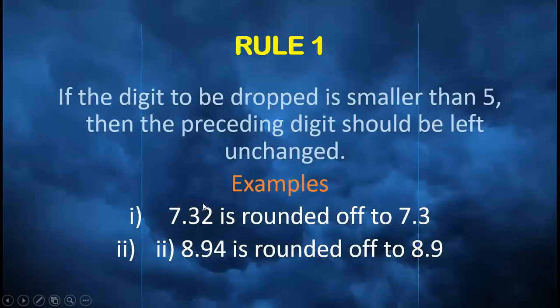So simply we can drop the number 2. So 7.3 is rounded off to 7.3 itself. Now here it is 8.94. 4 is less than 5. So we can write it as 8.9. So if the digit to be dropped is smaller than 5, then the preceding digit should be left unchanged.